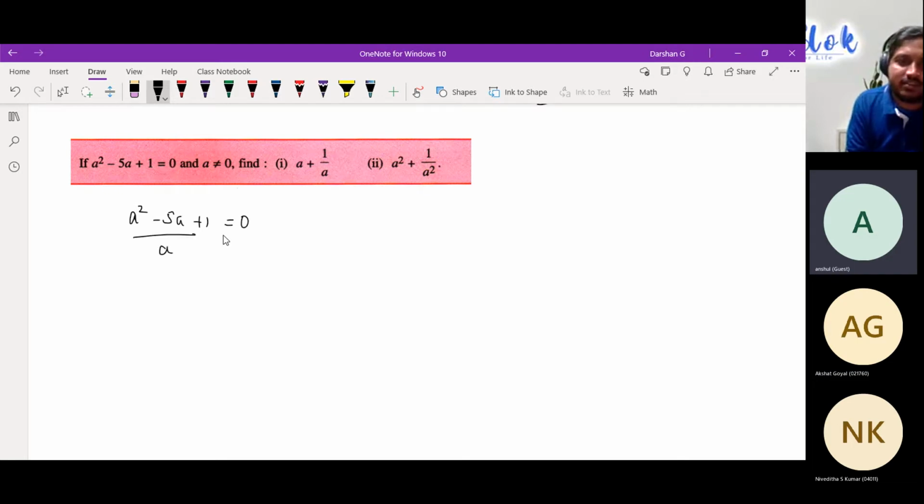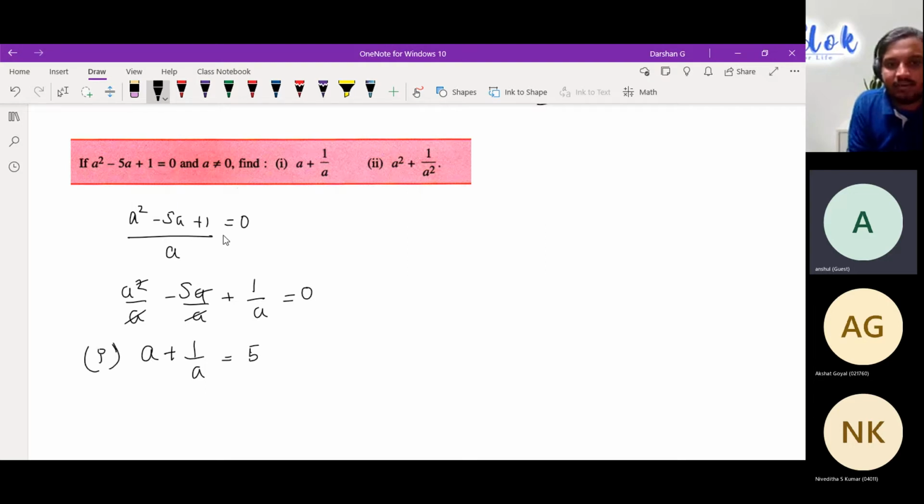I will be dividing each and every term by a. So it will be a square by a minus 5a by a plus 1 by a equals 0. Here a got cancelled, here a and square got cancelled. So I'm left with a plus 1 by a. Minus 5, if I send to the other side, will become plus 5. So I got the answer for the first one.